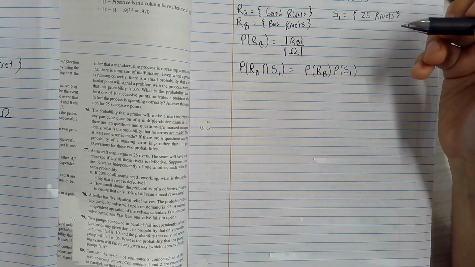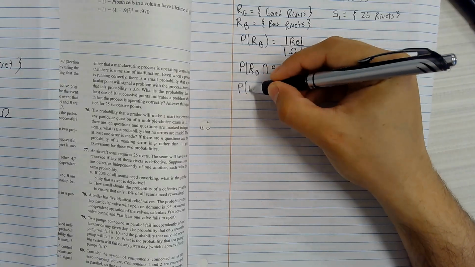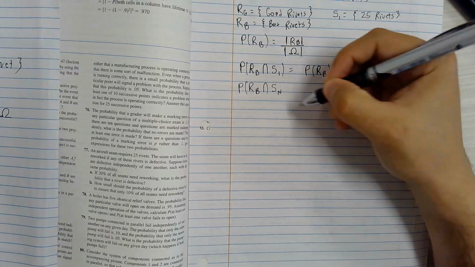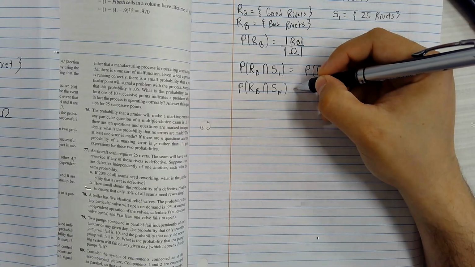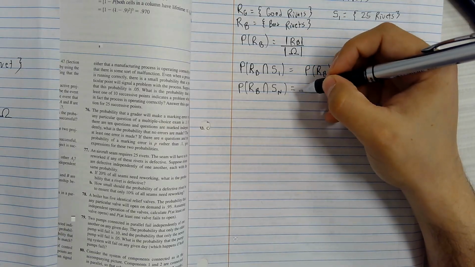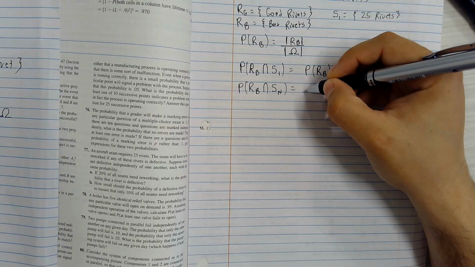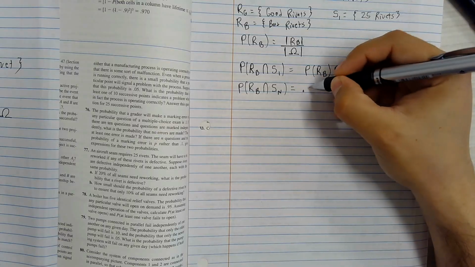Or maybe it's saying that the probability in general of B intersect with any particular seam is going to be equal to 0.2.